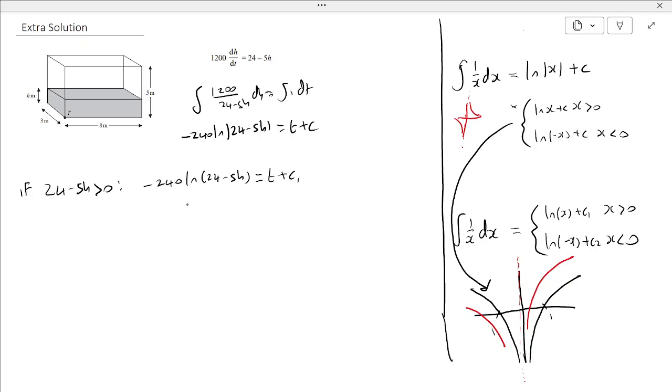Let's just work this one through. So this is what we did in the question. So I think we divide by 240 and then exponentiate it. So like this. And then I think what we got told was that when t is 0, h is 2.